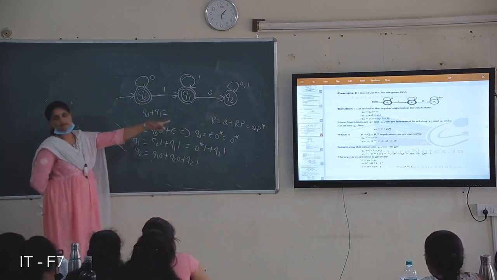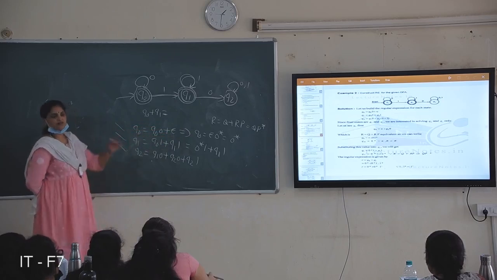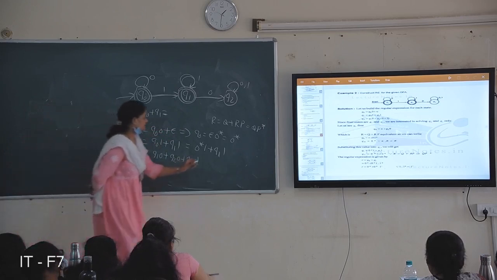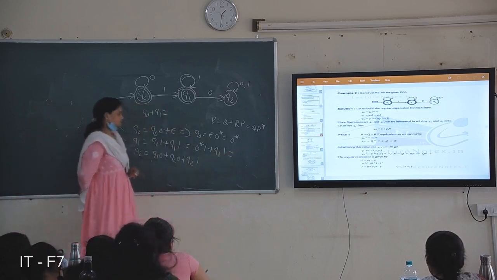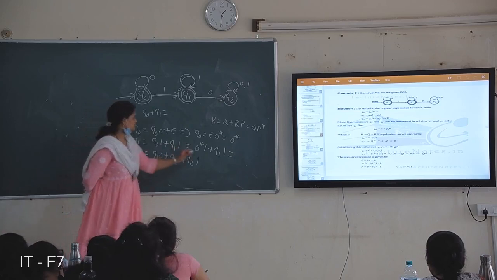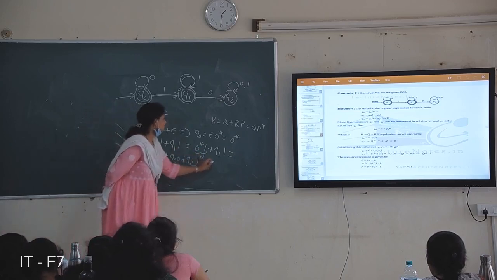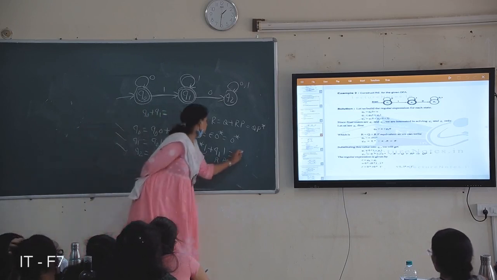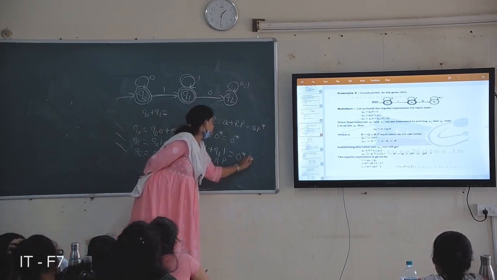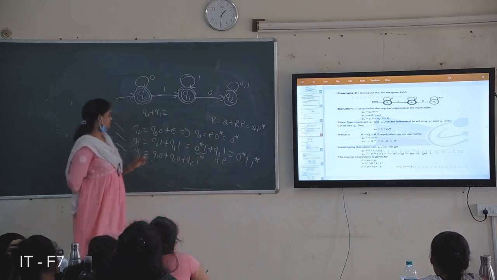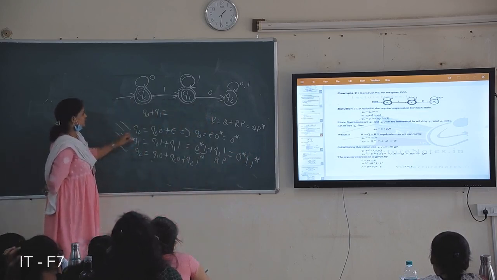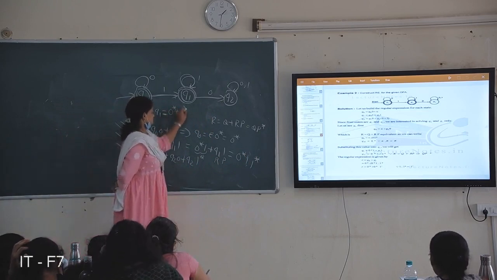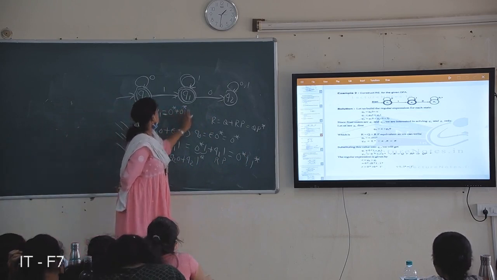Okay, it is also the same as Arden's theorem. Definitely we use the Arden's theorem formula. So after applying Arden's theorem, what is the value? This is nothing but Q R P: 0 star 1 star. Okay, you are getting the regular expressions for Q0 and Q1. Just add these two values: 0 star plus 0 star 1 star.